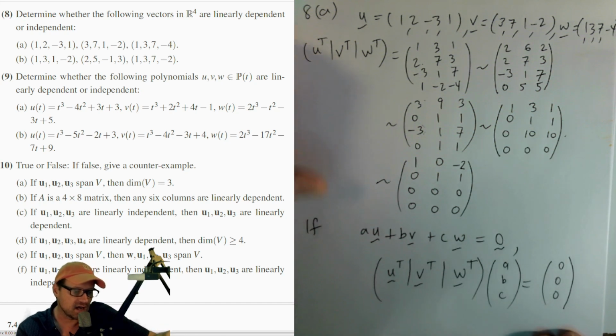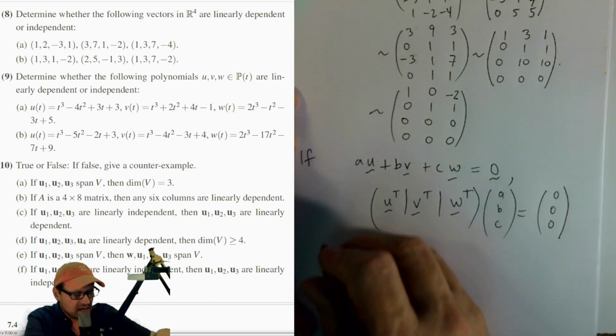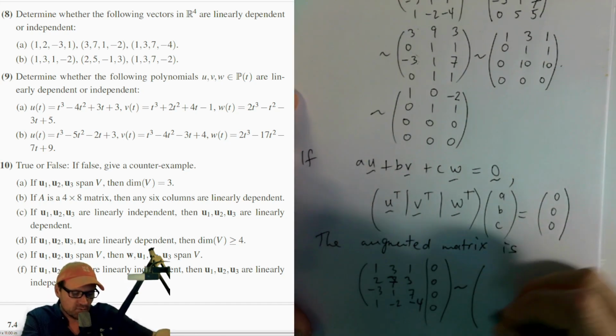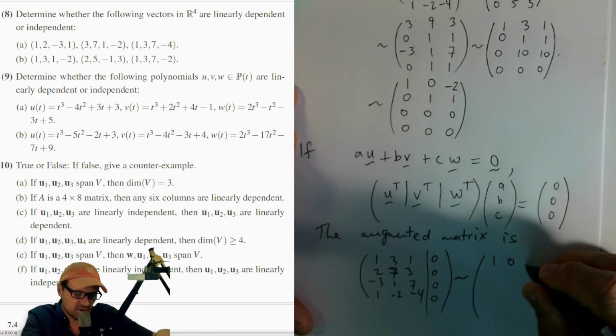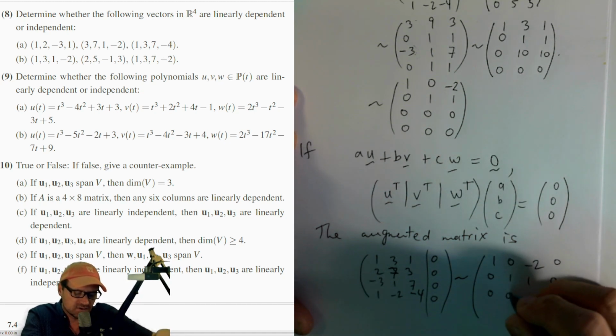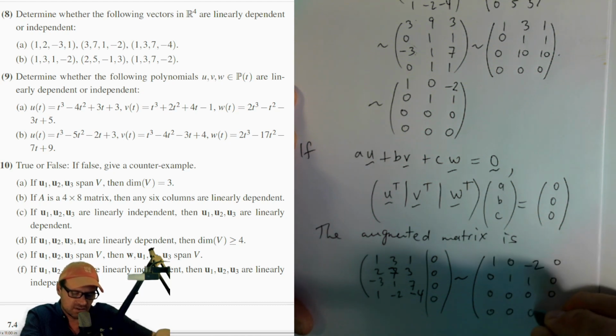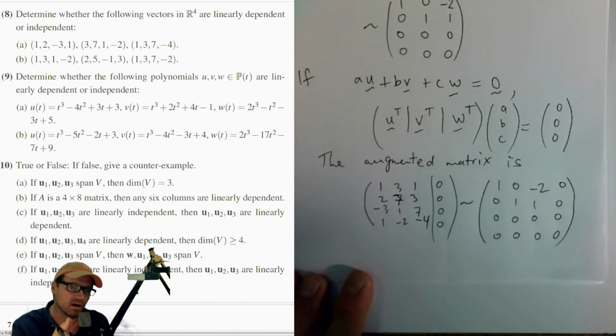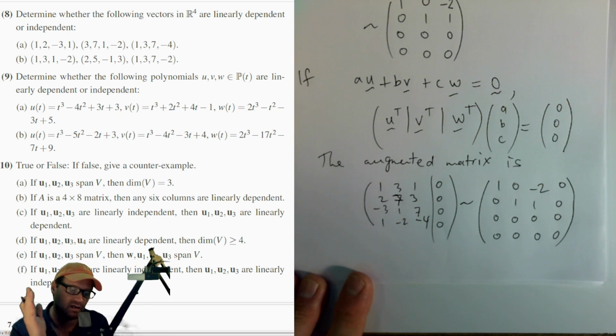And so from this, we would get the augmented matrix, which would row reduce to 1, 0, minus 2, 0, 0, 1, 1, 0, 0, 0, 0, 0, 0, 0, 0, 0. And then from there, we could read off A, B, and C.